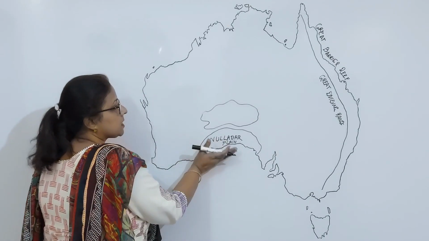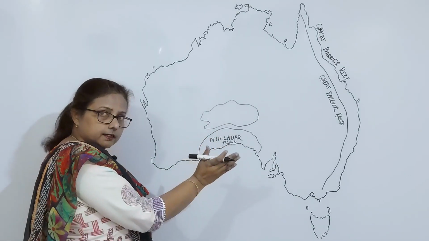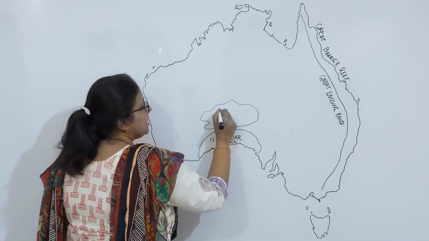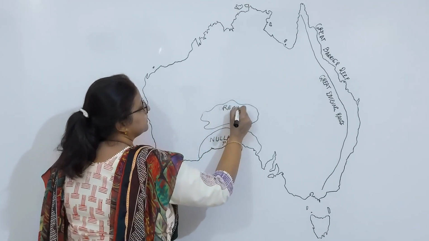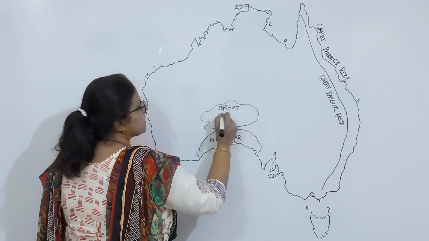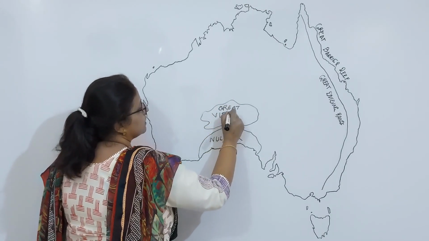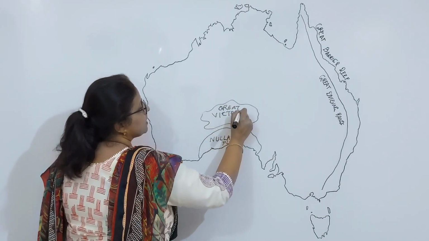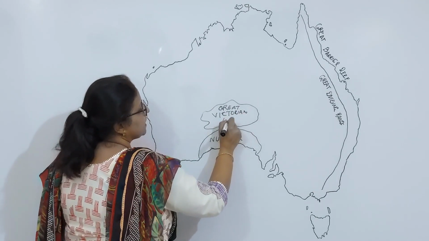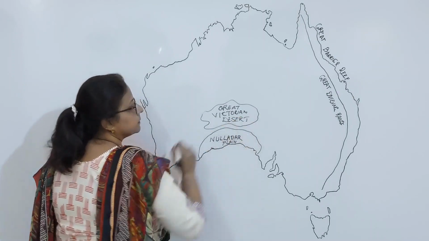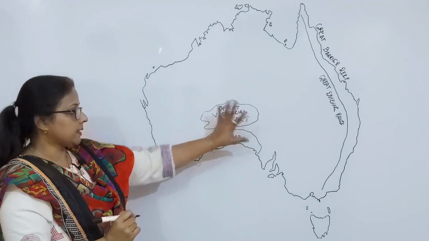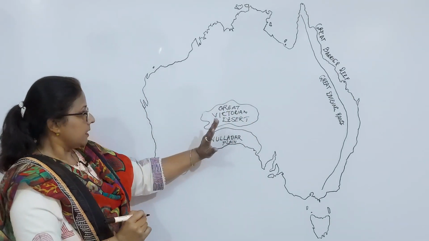Now, just north of the Nullarbor Plain, we have the Great Victorian Desert. Since it is a desert, you are supposed to color it yellow. Fine. So please color this yellow.